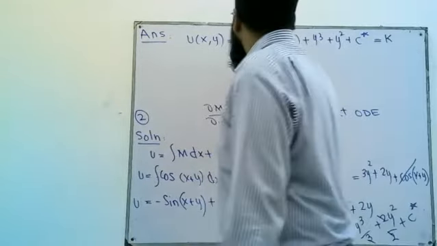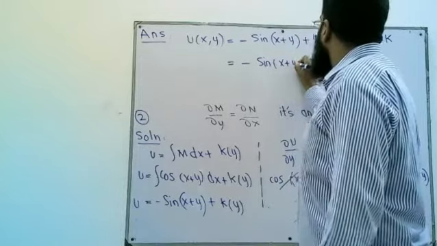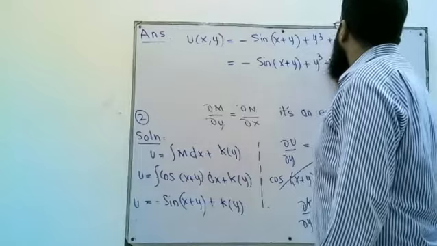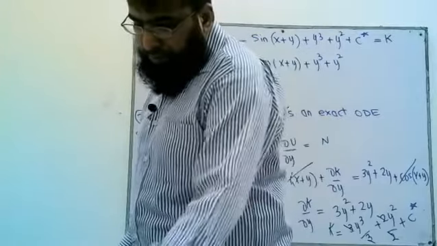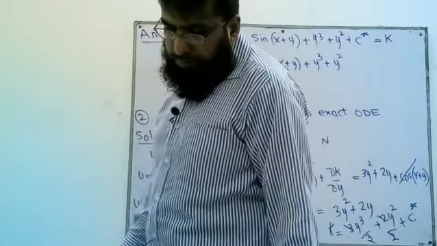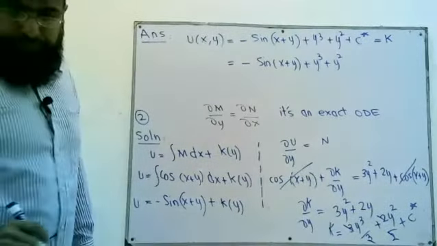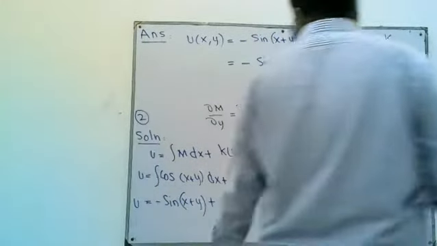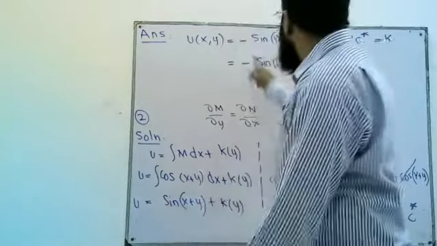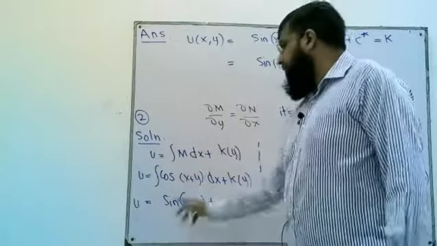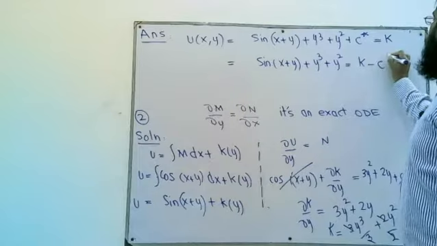So this can also be written as sine of (x+y) plus y cubed plus y squared, not minus, because the integral of cos is sine, is equal to k minus the constant.